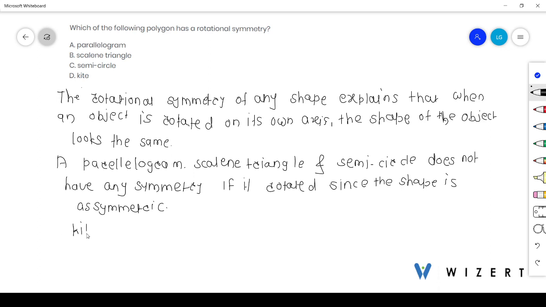Now, in case of kite, the shape is symmetric.